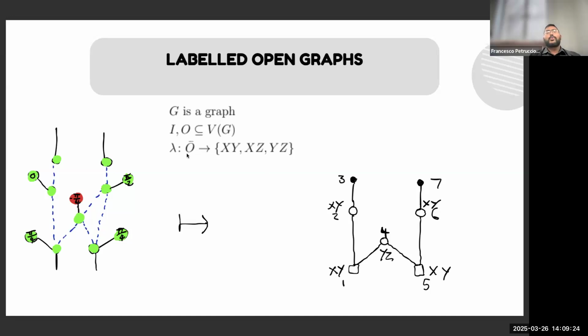And then lastly, we want to track in which plane we are measuring: XY, XZ, or YZ, corresponding to the colors of the spiders. And just another note, we cannot measure our output spiders. So this function, lambda, that tells us in which plane we are measuring, goes from the complement of the output set to these three planes.